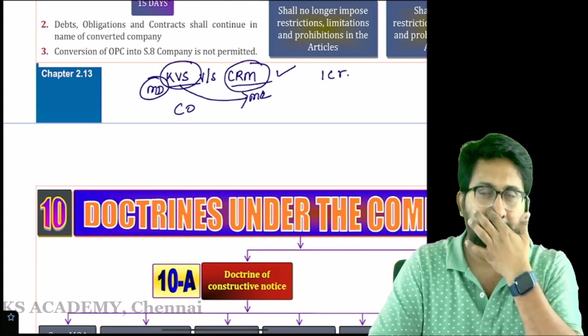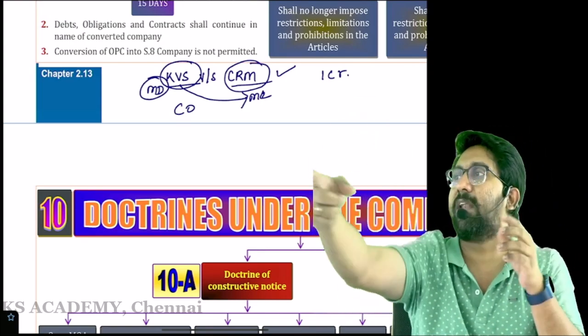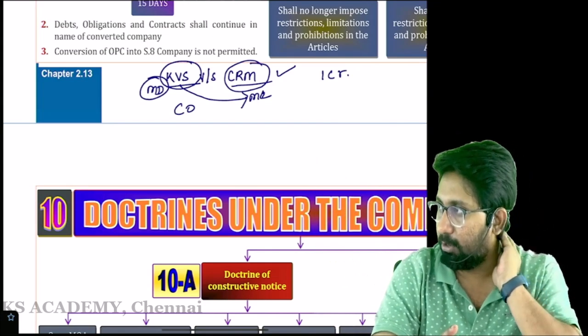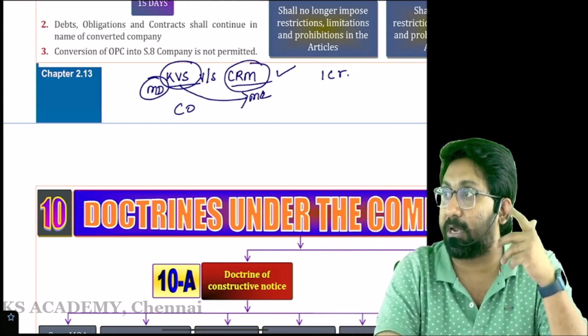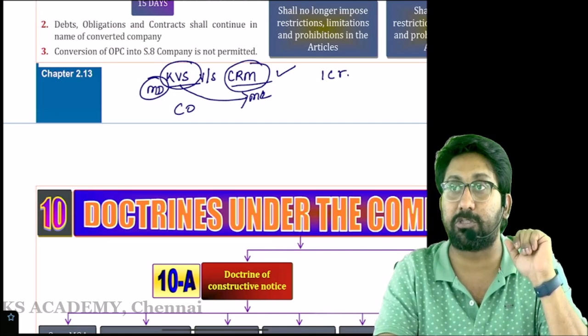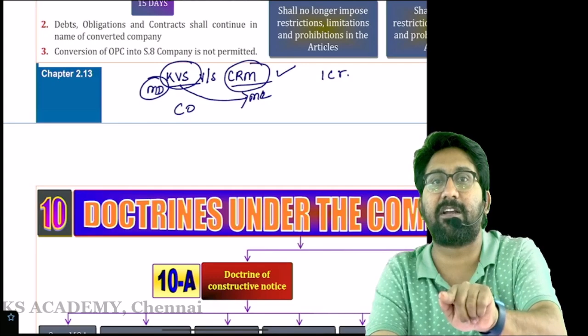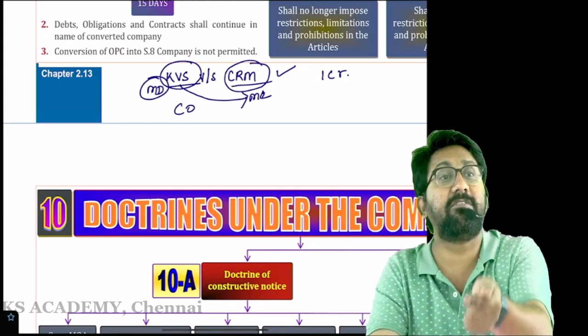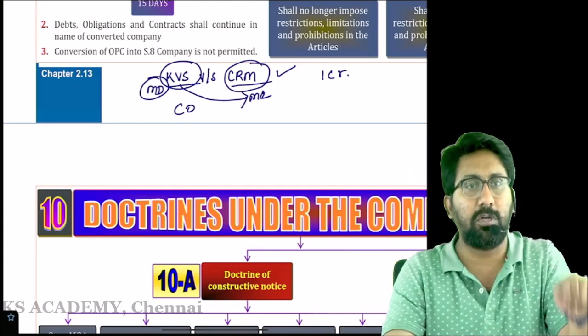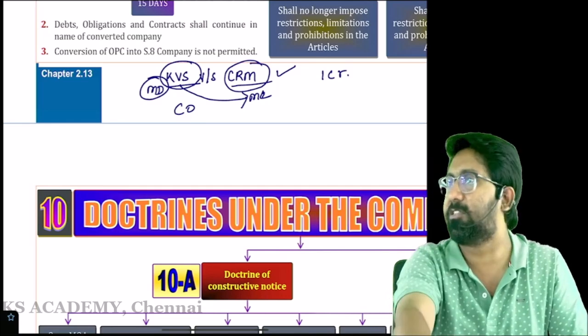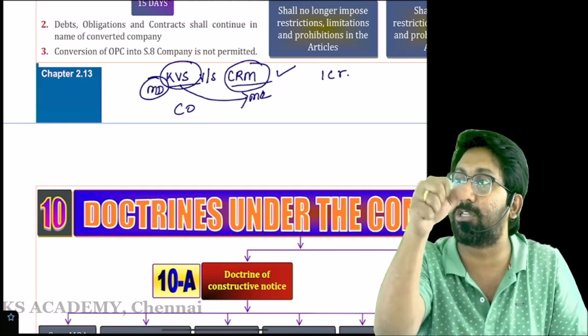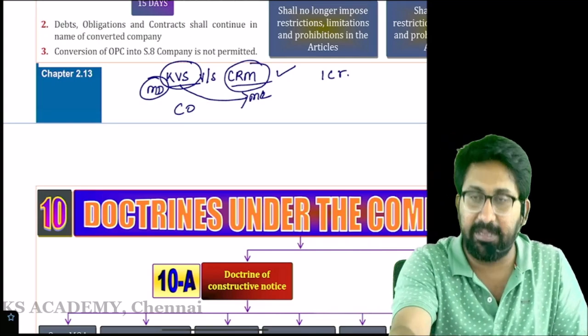Sir, listen. As a student, if I ask you what your objective is, you will tell me my objective is to become a chartered accountant. My objective is to take coaching. Becoming a chartered accountant is your main object. To achieve the main object, what is required? Coaching. This is also an objective, but the stronger objective is becoming a CA.